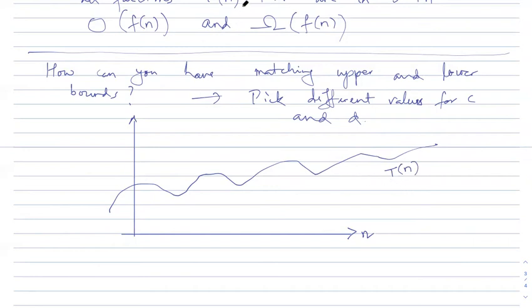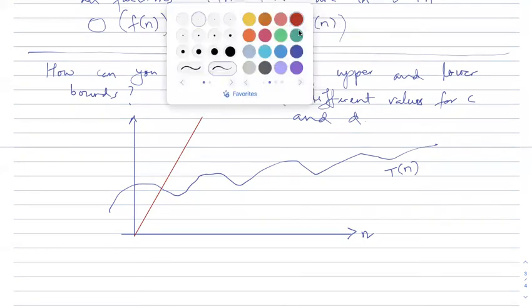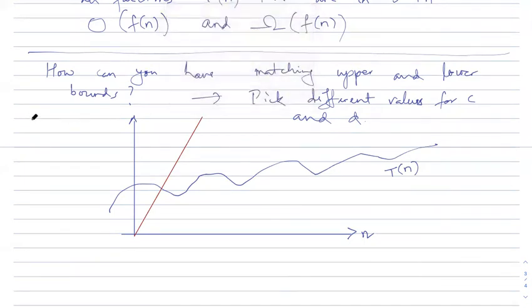Now suppose we multiply f of n by a constant, and let's say the f of n that you're choosing here is just n.